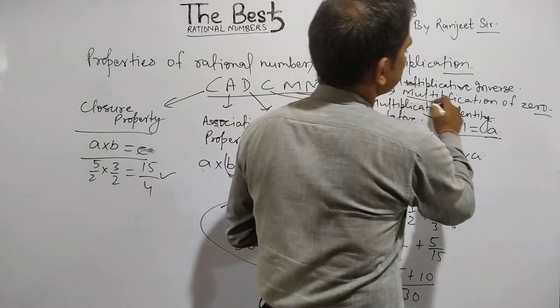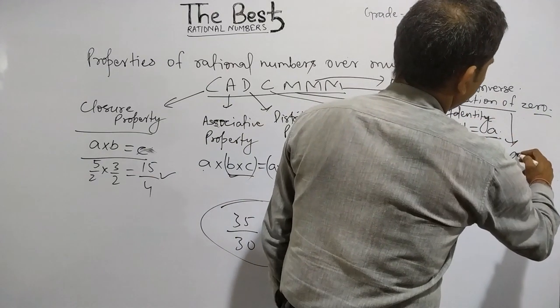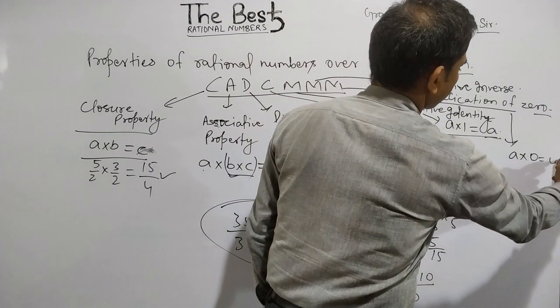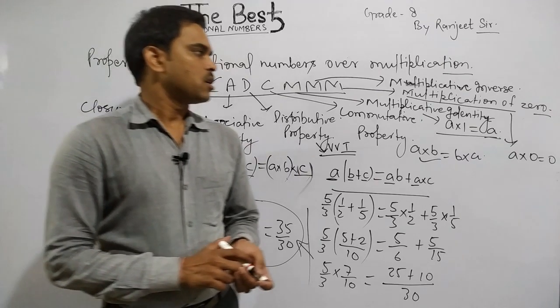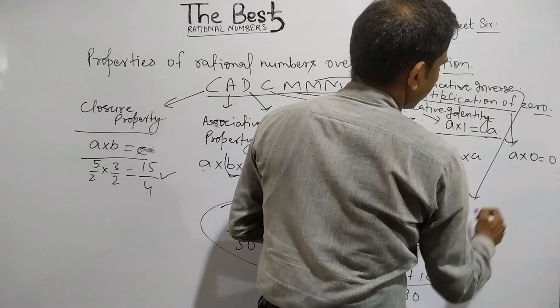Now next one is multiplication of 0. It is very simple. Any rational number, if you multiply it by 0, you'll always get 0. This is also a kind of property. And the last one, multiplicative inverse.